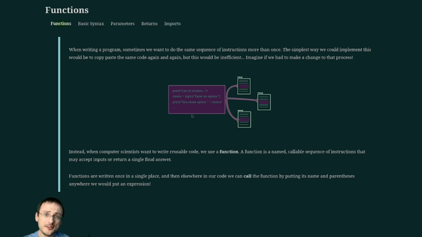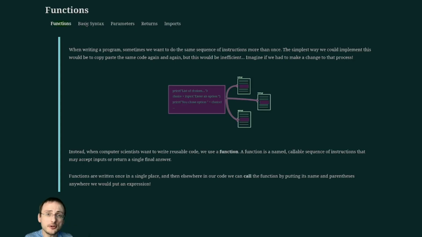And now, there are a lot of details in how we can use functions, but the big idea, the big goal of this tool is that we want to be able to just write functions once in a single place and then call them everywhere else by putting that name that we've given them and a pair of parentheses, any place that we could write a normal expression.